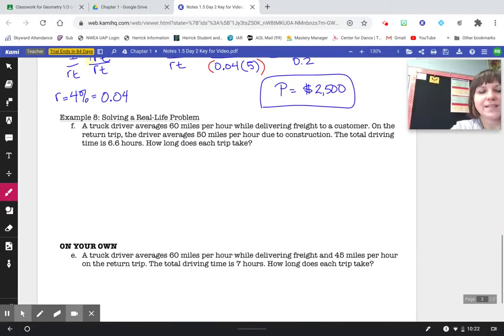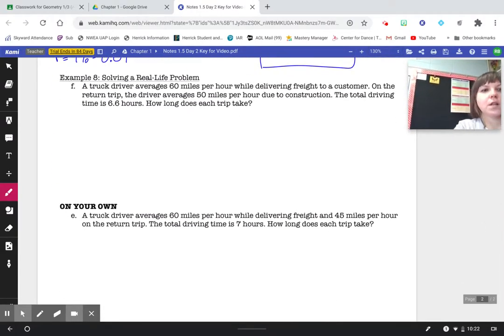Okay, example 8, we're going to use the last formula, which is distance is equal to rate times time. So the problem says we have a truck driver that averages 60 miles per hour while driving a freight to a customer. On the return trip, the driver averages 50 miles per hour due to construction.